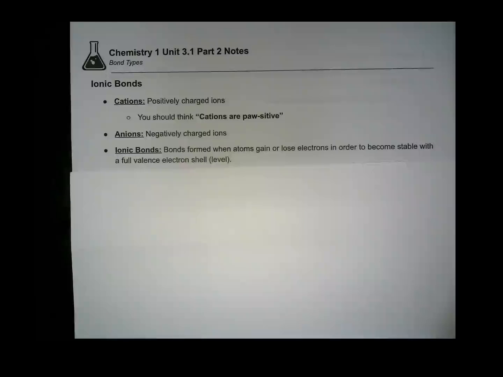So in ionic bonds, one atom is going to more or less steal electrons from another, while on the flip side, one atom is going to be like, get rid of these two electrons, I don't want them anymore. They're weighing me down, and I want to reach a point where I don't have to carry this dead weight. So that is an ionic bond.